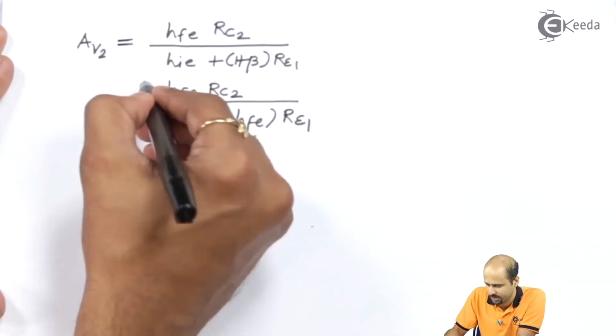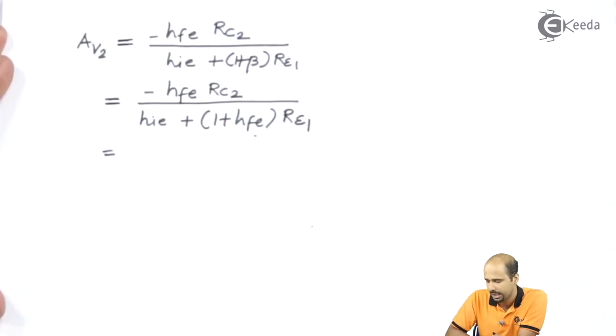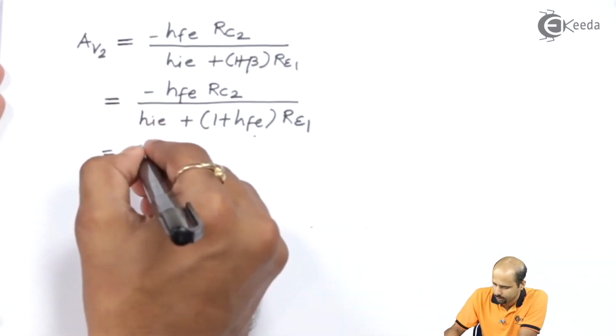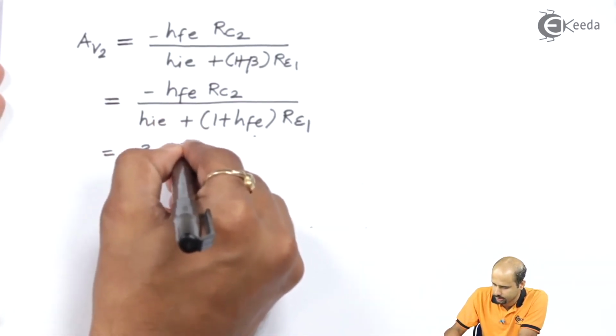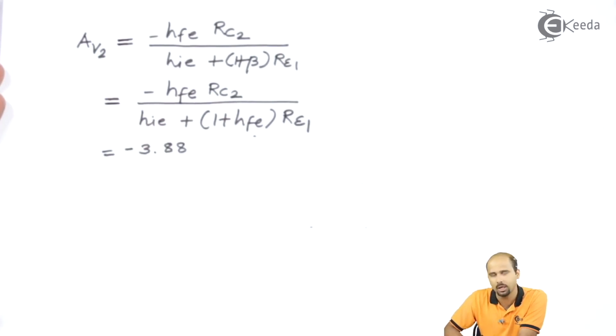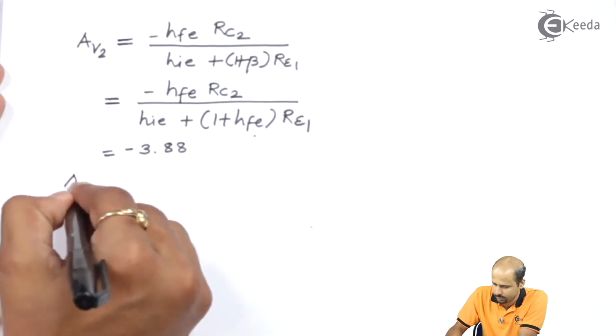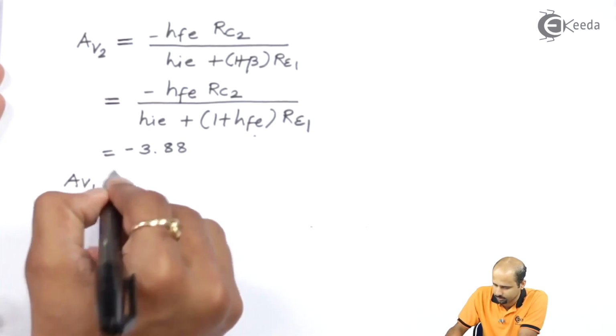Calculate these values by putting the values of hie, hfe, RC2 and RE1, and then come to me. This is a simple formula, and from that we have got the value 3.88. This is the formula with which we get AV2, and then we move on to AV1.